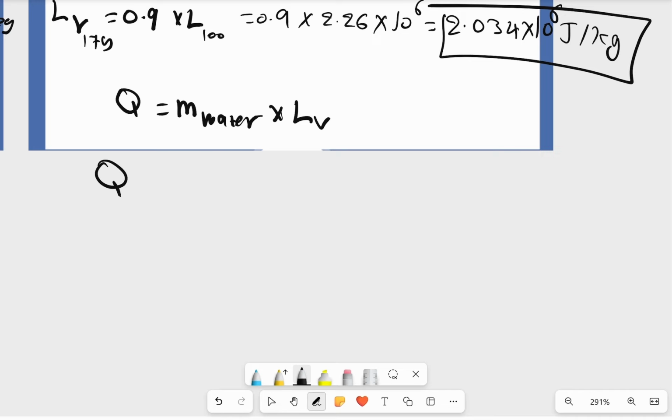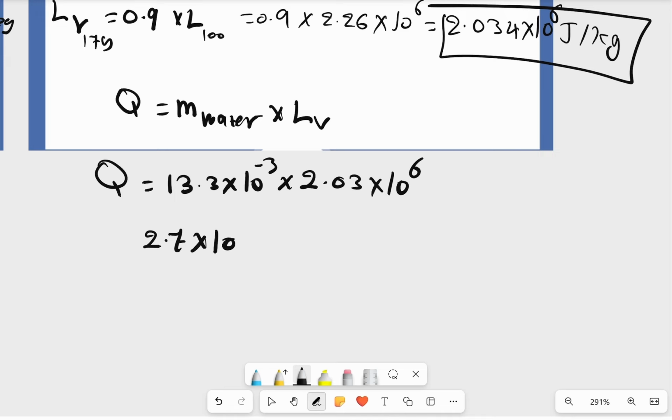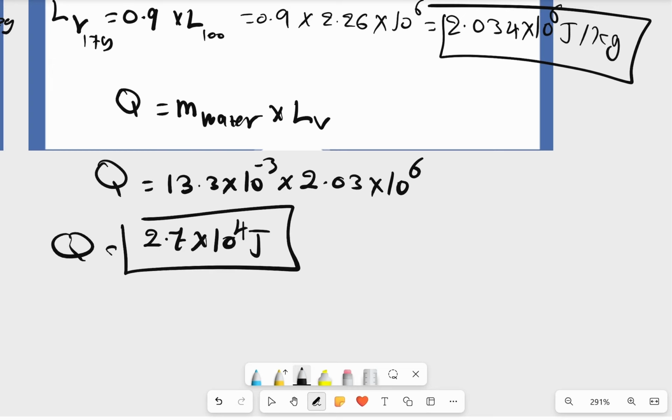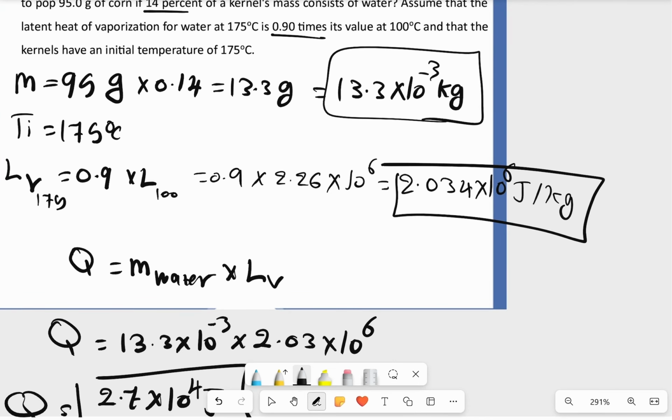Then Q is equal to 13.3 times 10 to the power of minus 3 times 2.03 times 10 to the power of 6. Calculate all of this and you should get 2.7 times 10 to the power of 4 joules. This is the energy that we're going to need to pop the kernels of popcorn.